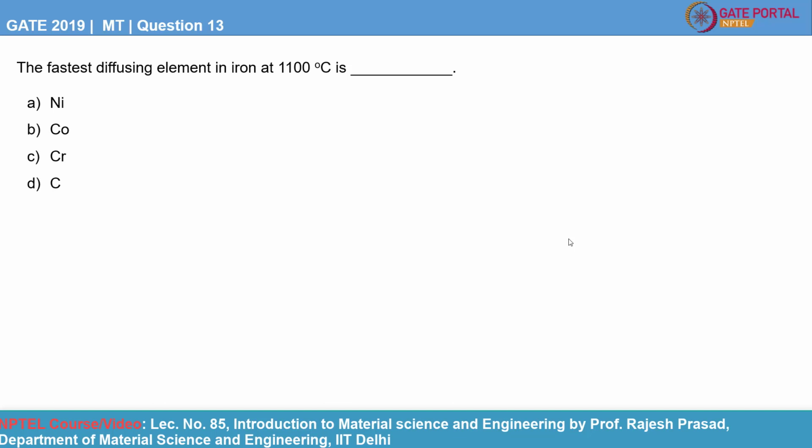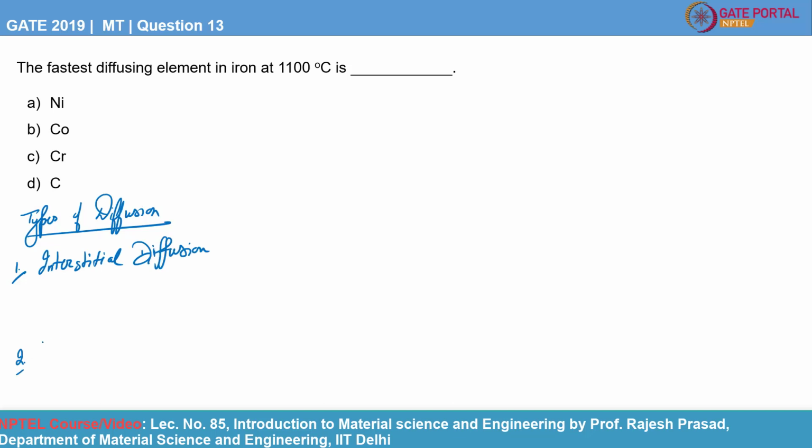Before identifying the fastest diffusing element, we must understand the types of diffusion that can take place in an atom. The first type is interstitial diffusion and the second type is substitutional diffusion. In interstitial diffusion, the interstitial solute atom tends to jump from one interstitial site to the neighboring interstitial site.